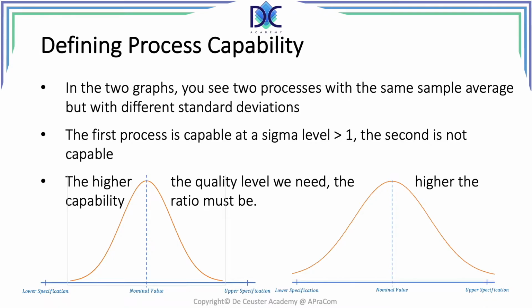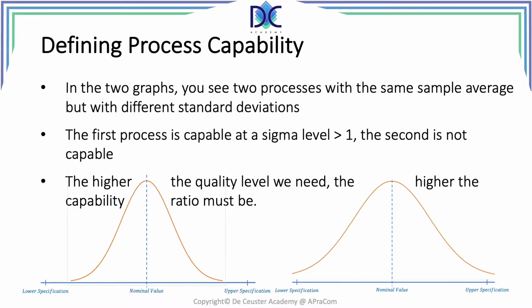Now, the second one is in fact more spread, and we see that even at the lower or the upper specifications, we still have a significant number of parts that will fall out of those specifications. So basically, the capability is lower than 1.